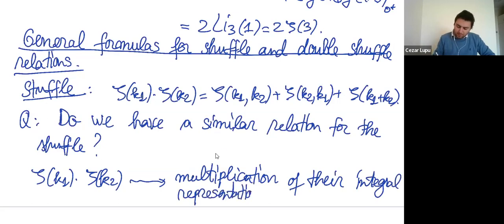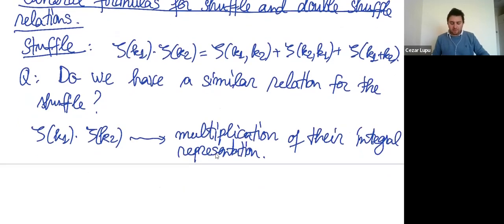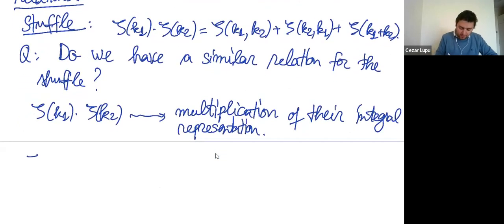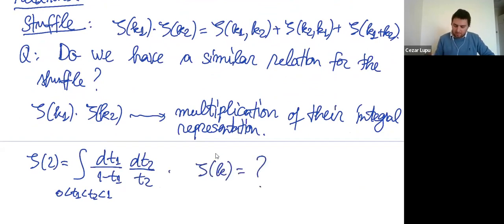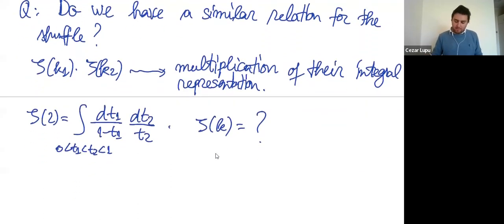But in fact, what is an integral representation, right? We only have seen it in the case of zeta of 2. So zeta of 2, let me remind you, is dt1 over 1 minus t1, dt2 over t2. But the question is, how does this look for a general zeta of k? In fact, we can write for zeta of k, let me just write it.